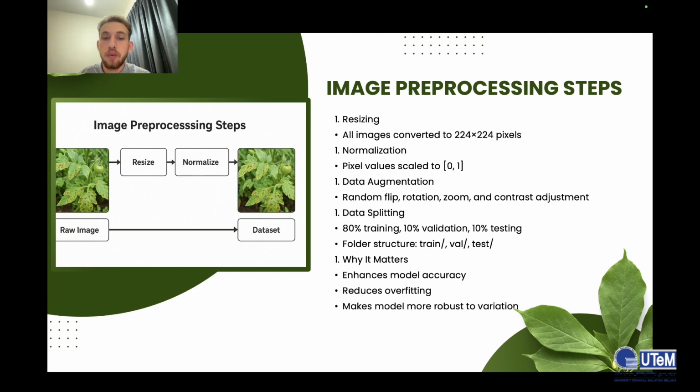The third step is data augmentation: random flip and rotation, zoom and contrast adjustment. And the fourth one is data splitting. We split the data into 3 parts: training with 80%, validation with 10%, and testing with 10%.